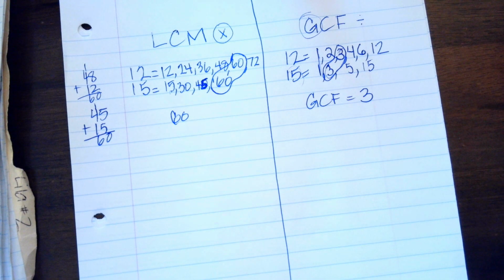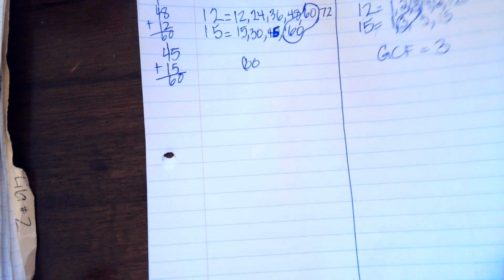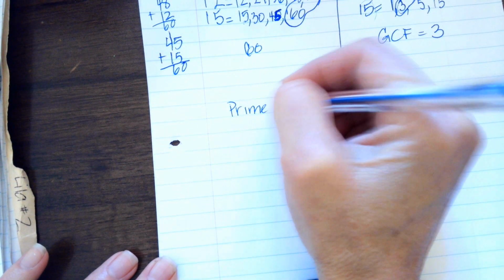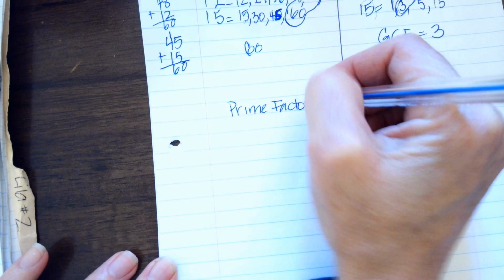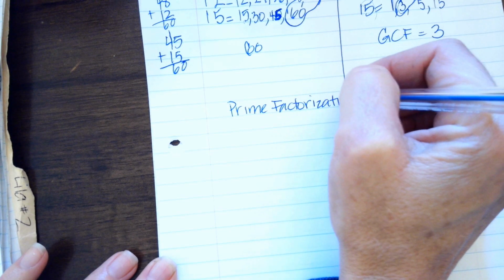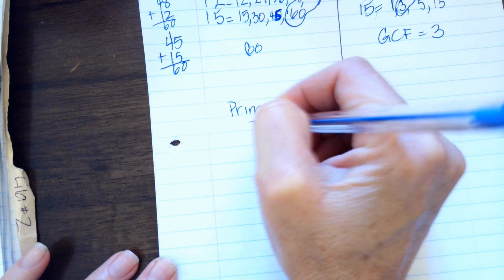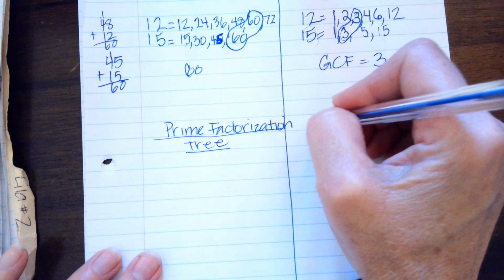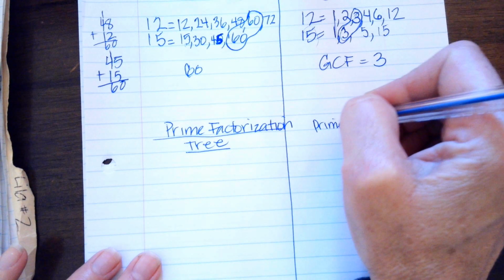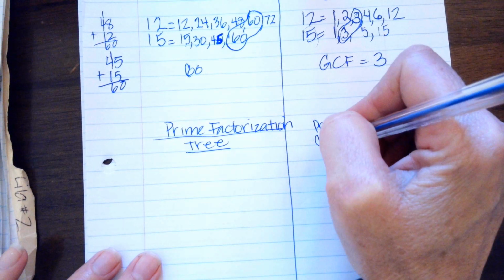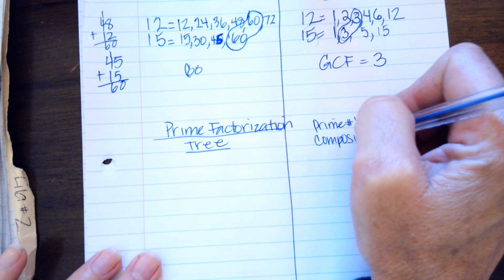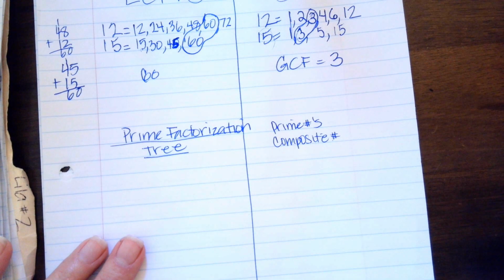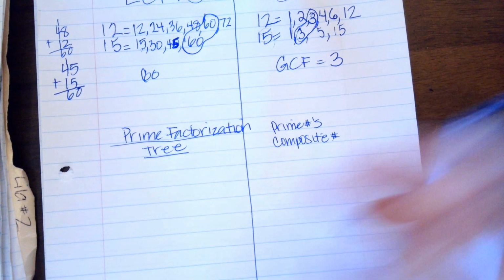Okay. Maybe not now, but soon you're going to do something called a prime factorization tree. And what that's dealing with are prime numbers. Have you learned about that yet, Cade? No. Okay. So prime number and a composite number. These are the two types of numbers that we have.